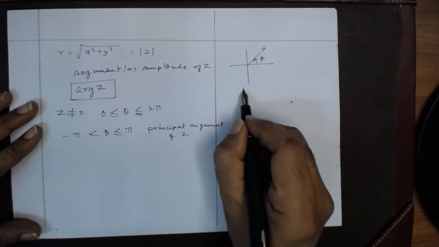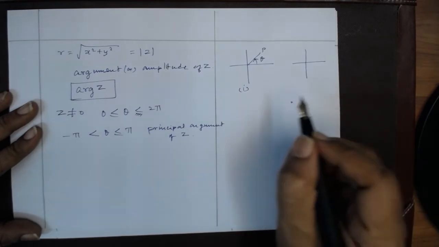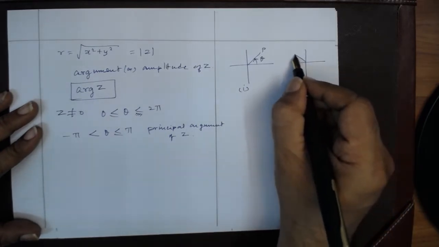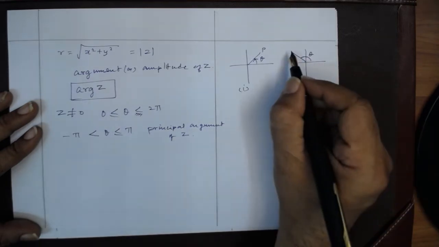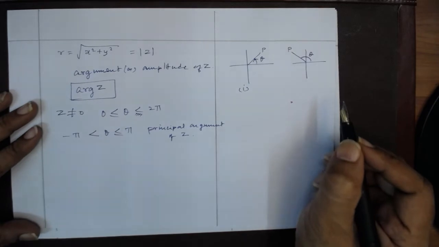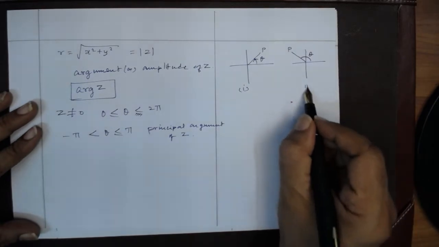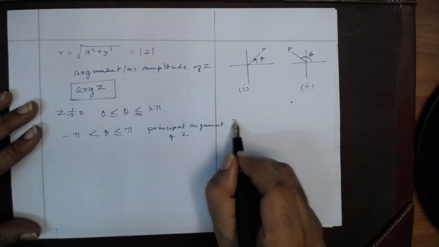So this is 1, 2. Now the theta can be in the second quadrant. It can be like this. So let me call this P. This is in the second quadrant.